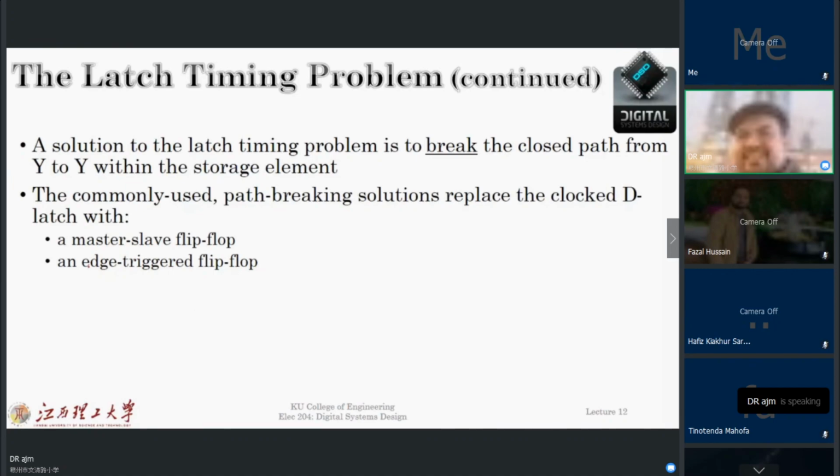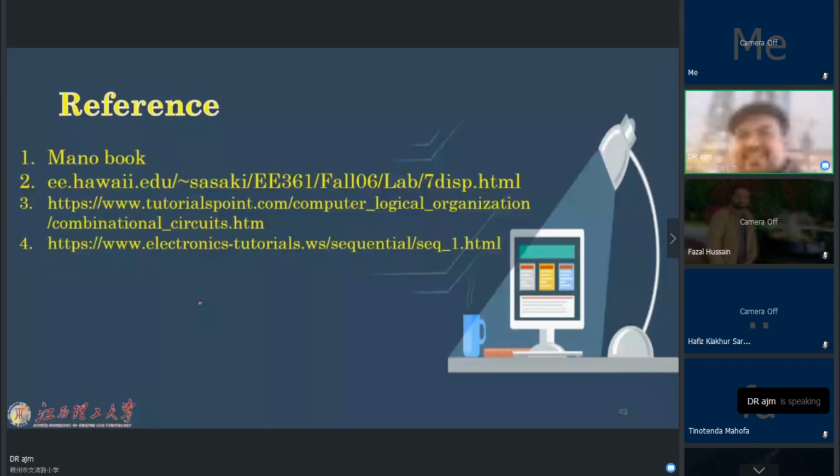Then we have some concepts that people call master-slave flip flop and edge trigger that we are going to discuss later.